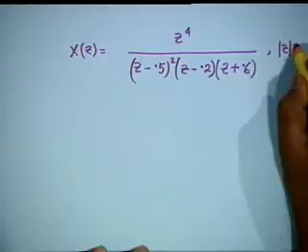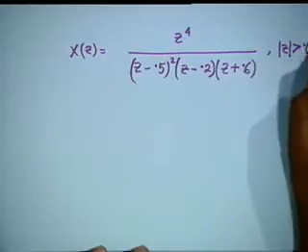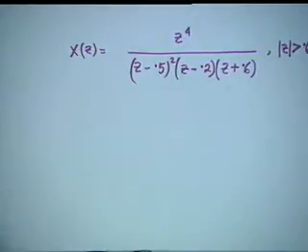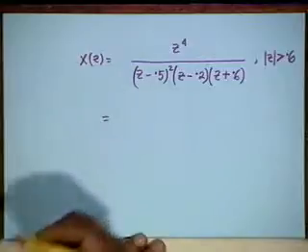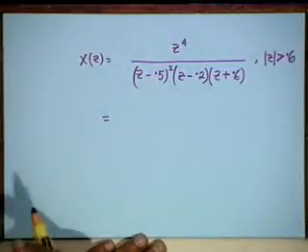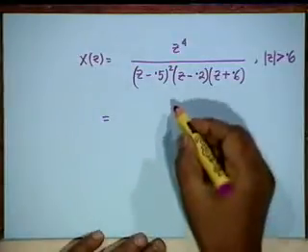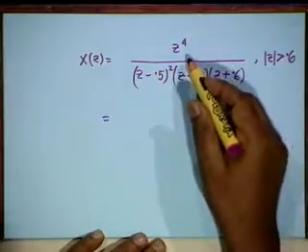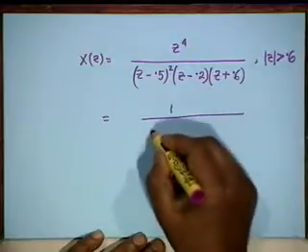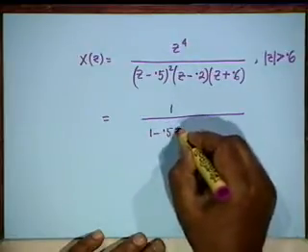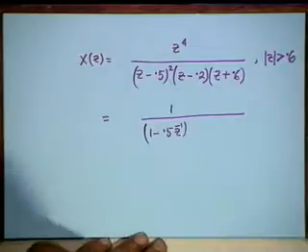In this case, it is specified as mod z greater than 0.6, which means that it will be a right-sided sequence, a causal sequence. Okay. So, the first thing that we do is a matter of discipline. We write this as a rational function in z inverse. That is, we divide by z to the power 4, then we get 1 divided by 1 minus 0.5 z inverse. Why do we do this?